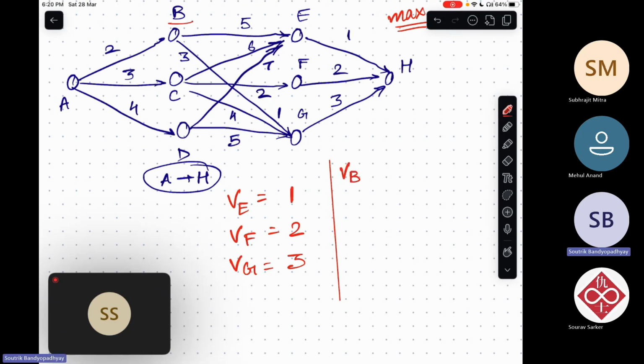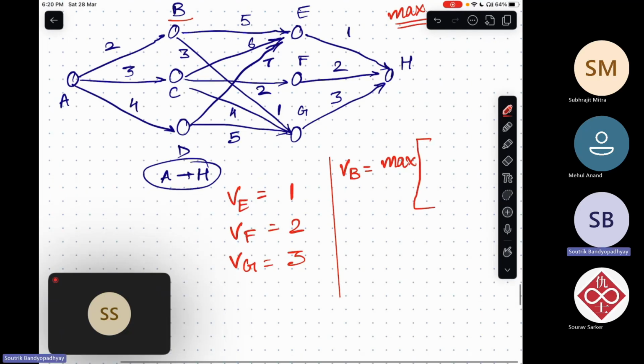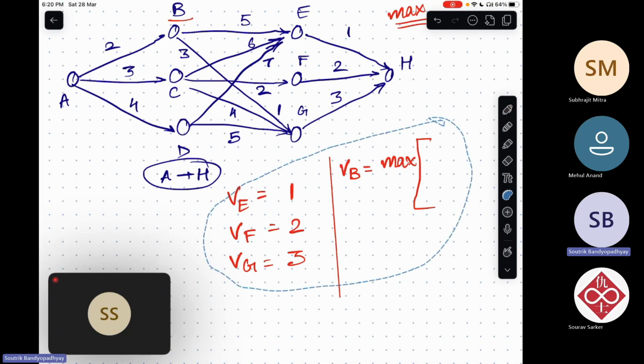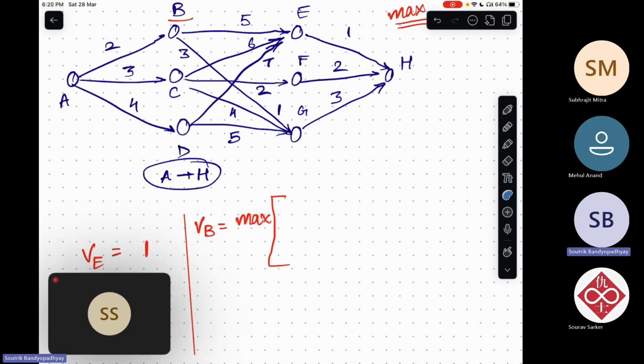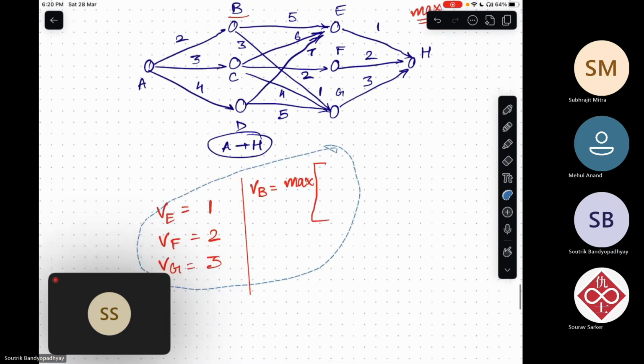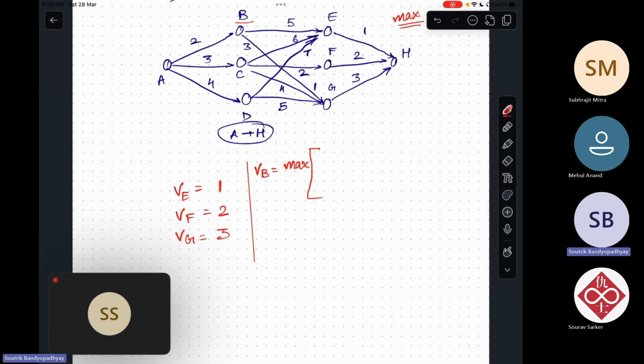Now let's look at this layer, which is B onwards. So what is the value of B? Let's write max, and let's figure out the chains that are here, right? Let me just move it to the left so that this becomes a bit manageable. So what are the chains over here?